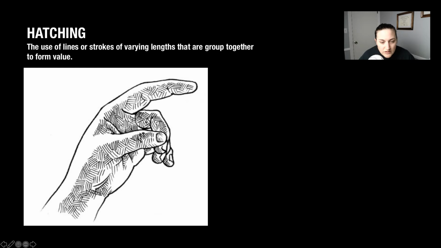Again, they're not overlapping each other, they're just next to each other, and they're being used in different directions. But again, repetitious and then being turned in different directions.